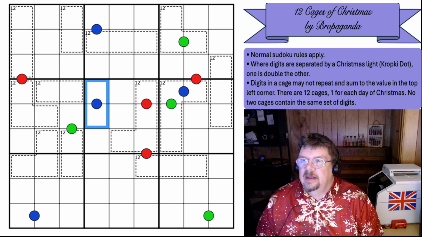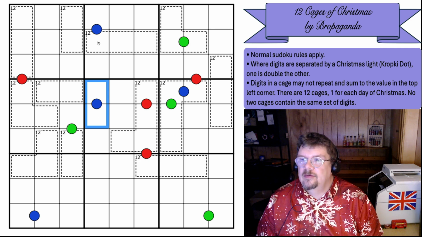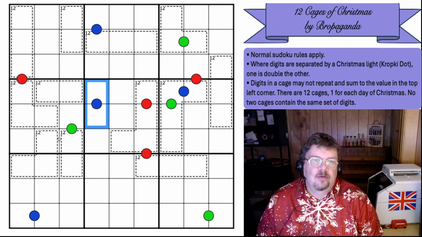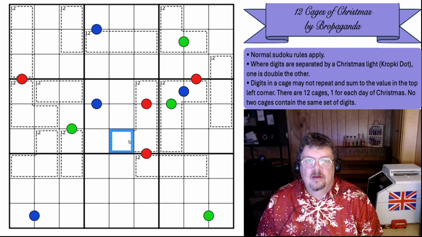Digits in a cage may not repeat and must sum to the value in the top left corner. So those 3 will sum to 12, as will those 2, as will those 4. There are 12 cages, one for each day of Christmas. No 2 cages contain the same set of digits.